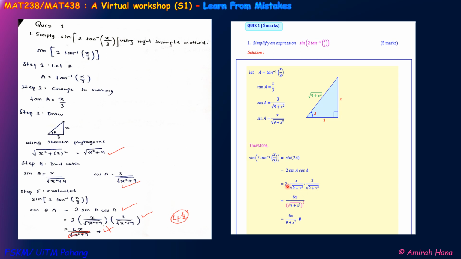So yang atas ni 2 times x times 3 equals to 6x over sec darab dengan sec, dalam dia sama function dia. So kita akan buat bentuk sec and then 9 plus x squared bracket squared. And then we can simplify sec dengan squared ni. So final answer no more sec simbol yang bawah ni.